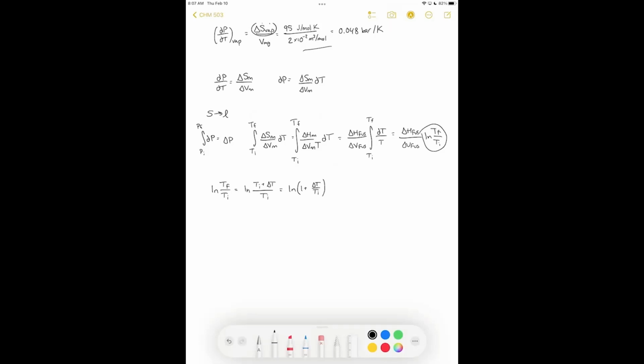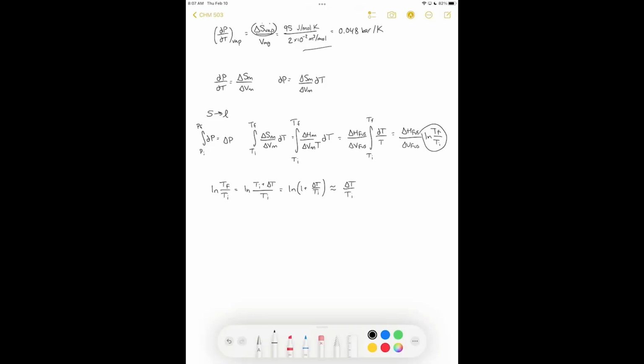Since delta T is usually going to be small, so say the initial temperature is 298 Kelvin, if we change the temperature by 10 degrees, 20 degrees, 30 degrees, that change is pretty small relative to the initial temperature. And so we can use a Taylor series expansion to approximate the natural log of 1 plus a small number as that small number. So this is approximately equal to delta T over Ti.